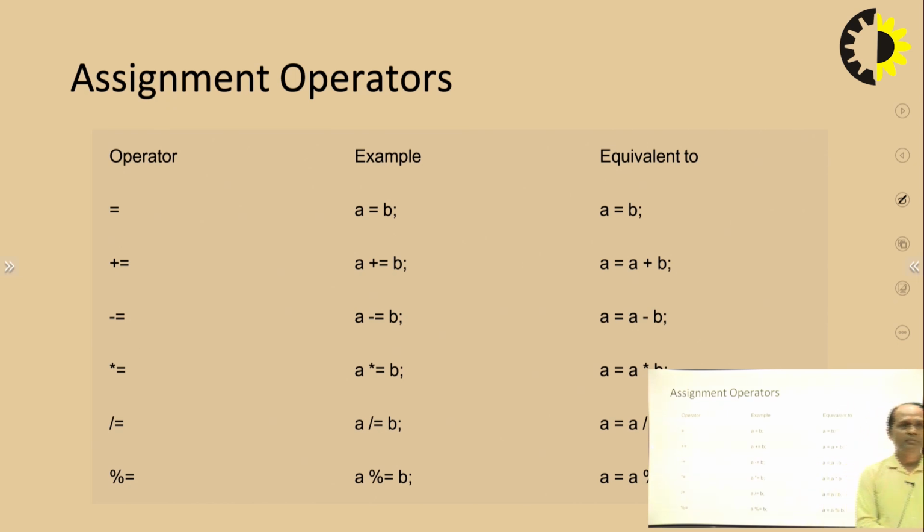What is the assignment operator? The assignment operator is equal to. We can assign like this: a equals b, a equals a plus b.